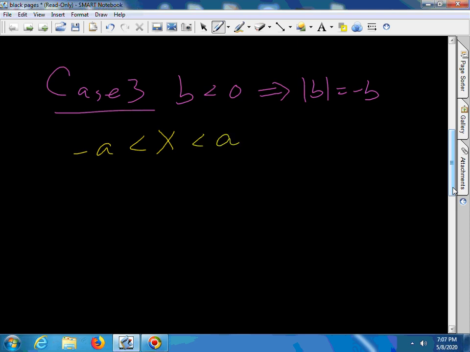Now, if I multiply all sides by b, which is negative, I'll get negative a times b is greater than x times b, which is greater than a times b. Or, reversing the order, ab is less than xb is less than negative ab.